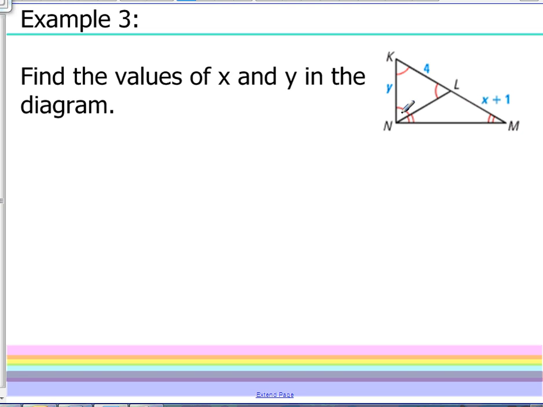According to our corollary to theorem 4.3 and 4.4, if the angles are the same, equiangular, then the sides are equilateral. So I can say right now, because this side is 4, that this side right here, y, is going to equal 4.